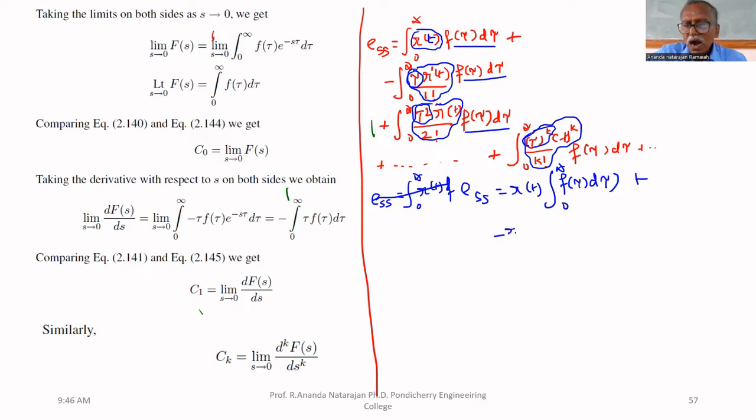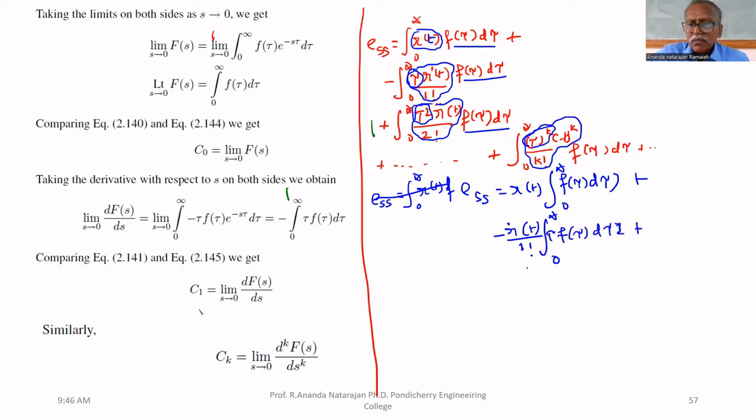Minus r dot of t, first derivative, divided by 1 factorial integral of 0 to infinity f of tau d tau multiplied by tau.